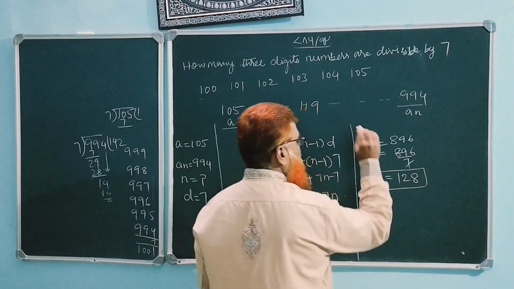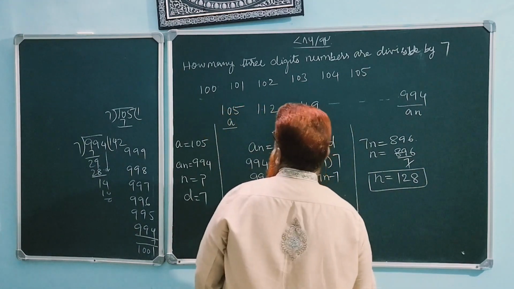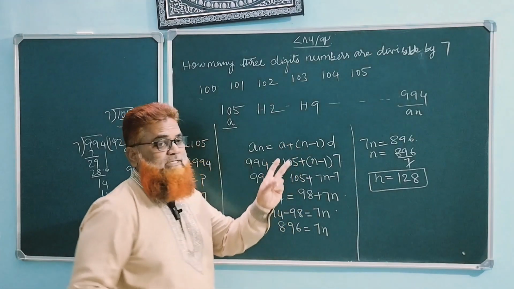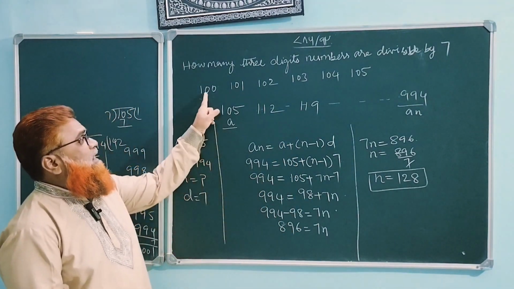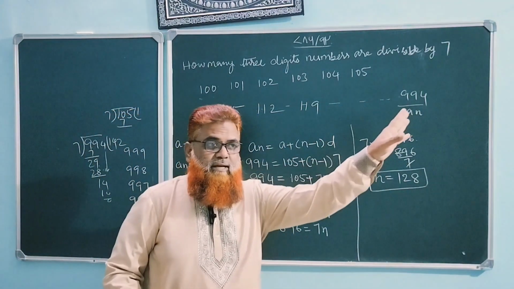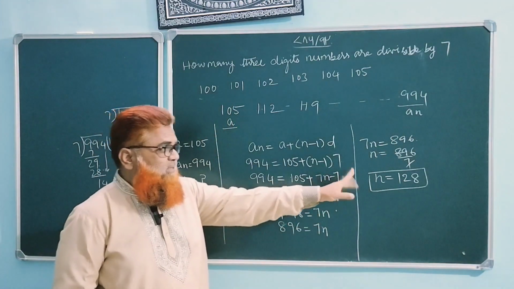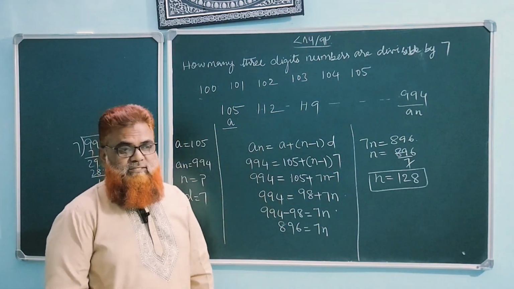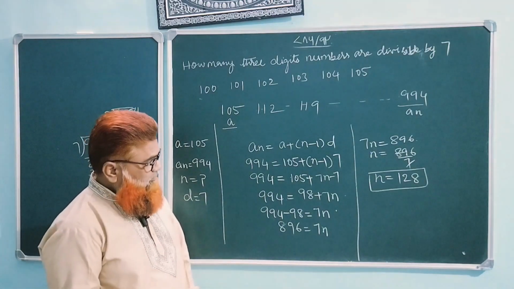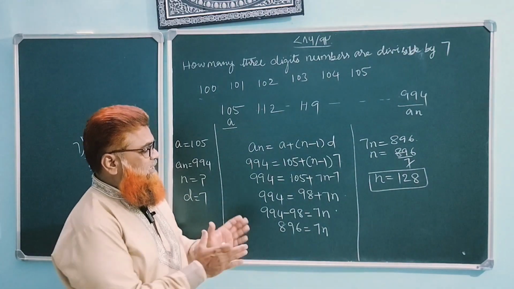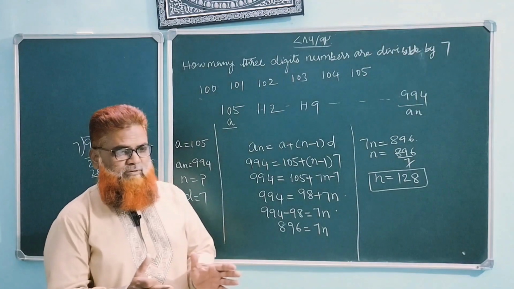Therefore n is equal to 128. There are 128 3-digit numbers between 100 and 999 which are divisible by 7. I hope this is the best way that we can solve it.